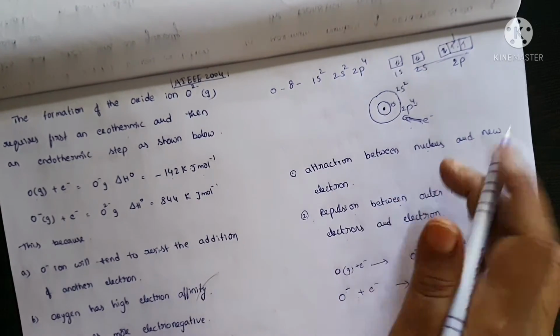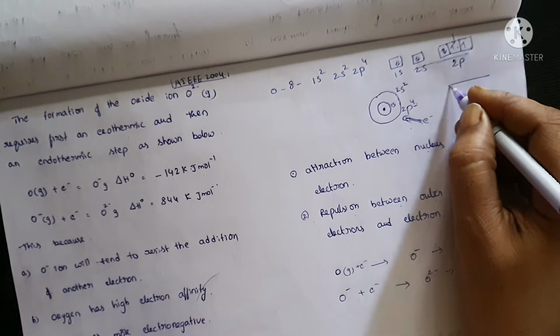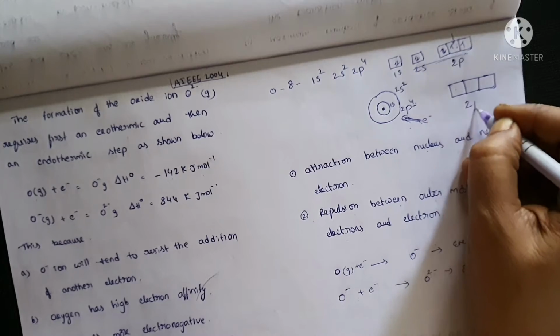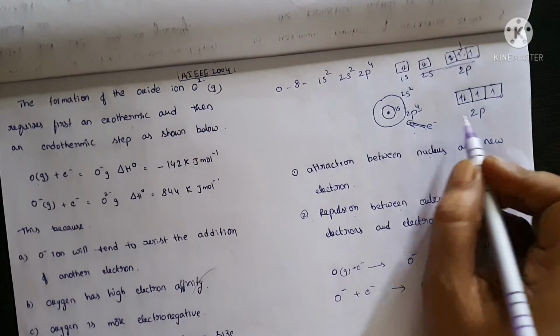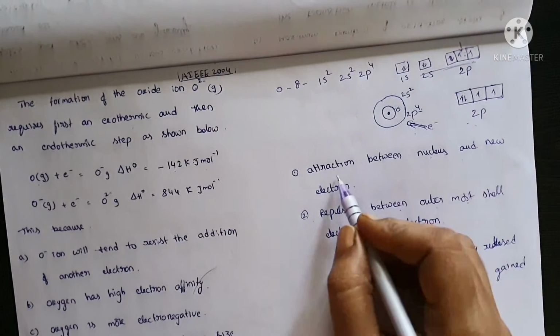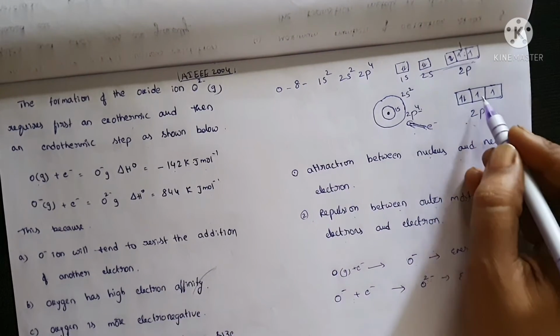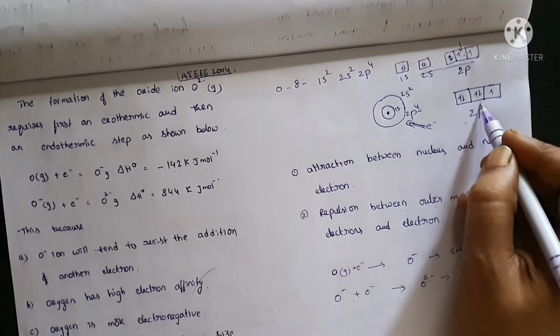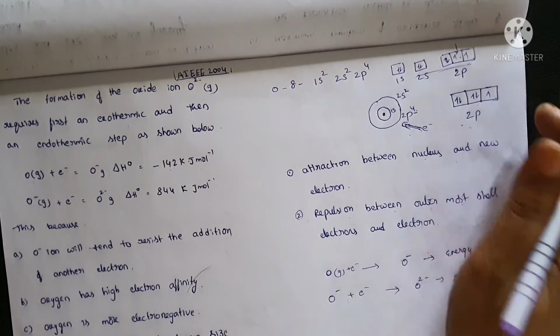Whenever it takes an electron, the outermost configuration of 2p is like this. The next entering electron to form O minus enters into this shell and pairs up with this 2py electron. Got it?